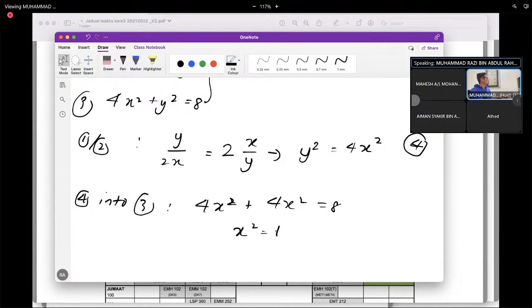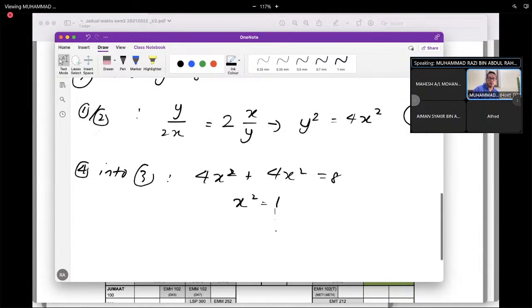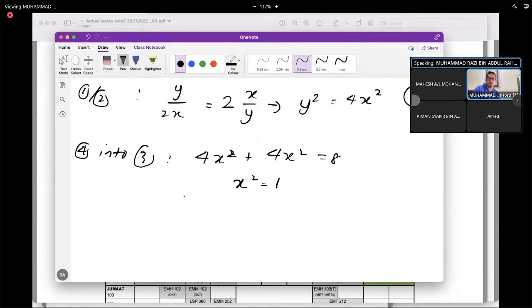Give me a second. Yeah, okay. So now you can imagine, because of this square, that x is either plus 1 or negative 1.